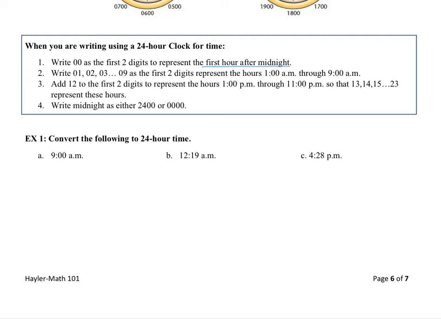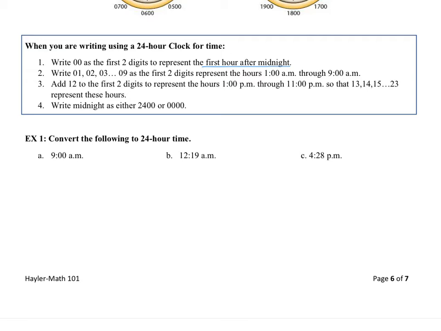And then you'd write 01, 02, 03 as the first 2 digits to represent the hours 1 a.m. through 9 a.m. So that's all the morning hours. And then add 12 to the first 2 digits to represent the p.m. hours. So those are the afternoon hours. And you write midnight as either 2400 or 0000.